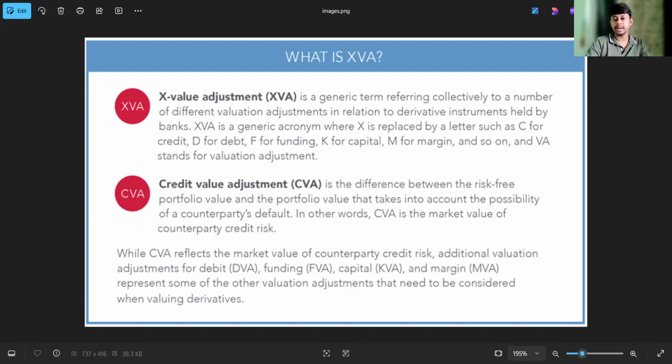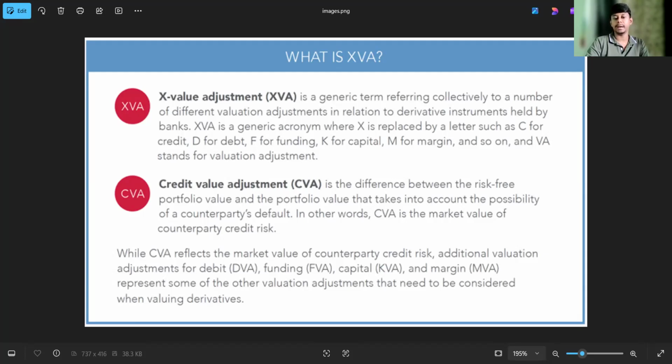XVAs are adjustments that turn a textbook derivative price into a real price banks actually charge each other. The simple definition: XVA stands for X Value Adjustment, where the X is a placeholder for different letters, each representing a different real-world cost or risk baked into the price of a derivative.